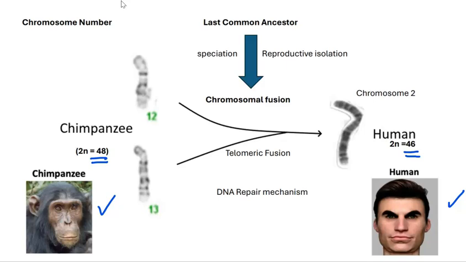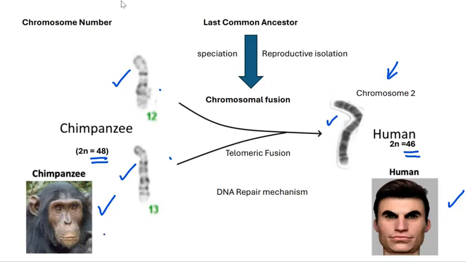If we compare chromosome 12 and chromosome 13 to chromosome 2, 12 and 13 are relatively normal sized chromosomes, but chromosome 2 in human beings is the largest chromosome found in the human karyotype.